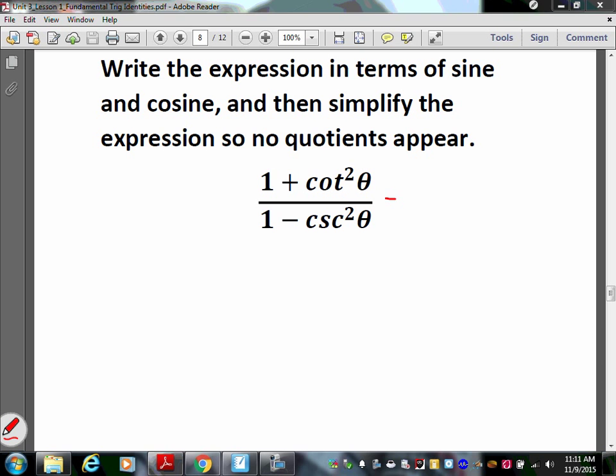I'm looking at cosecant squared as if I could make it into sine, because I can. I'm just going to continue with the top real quick. And the reason I got to cosecant is because I can write it as 1 over sine.